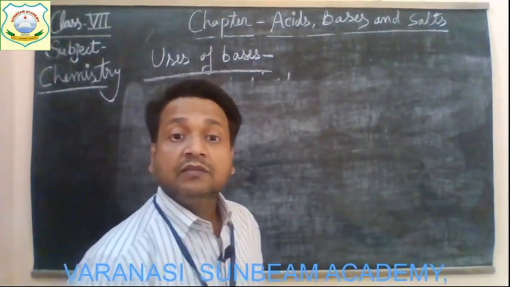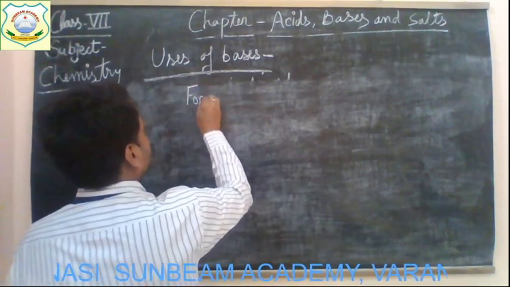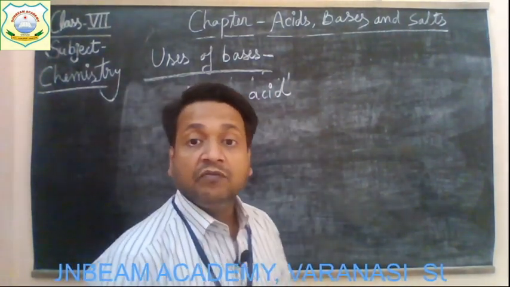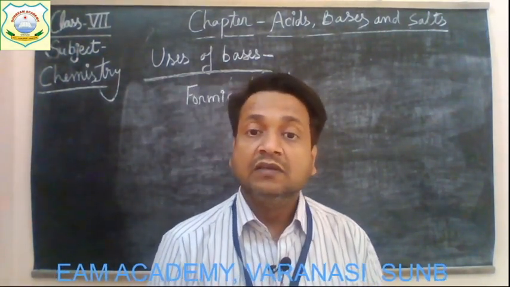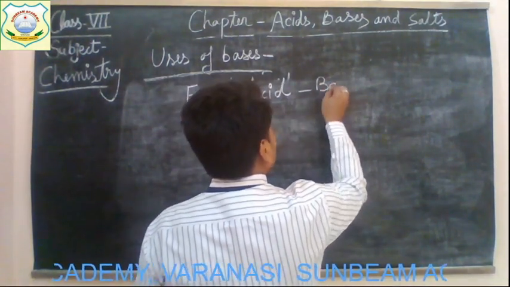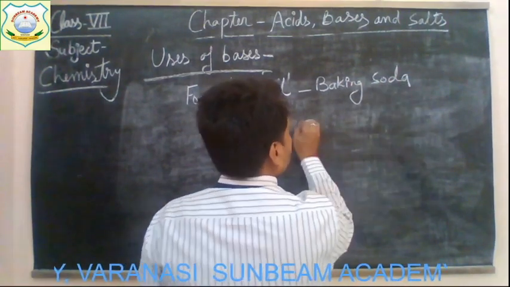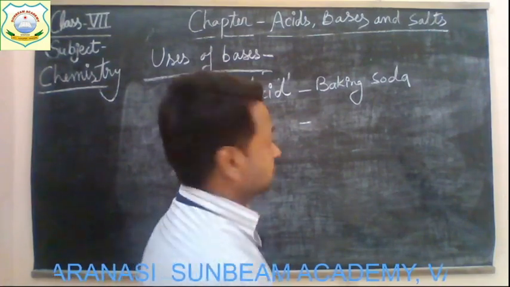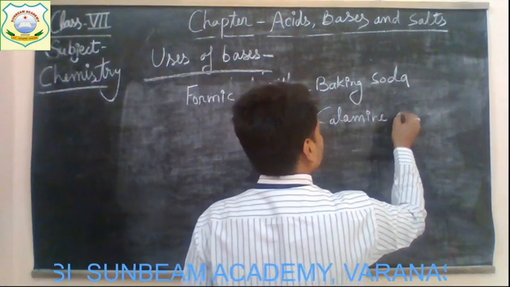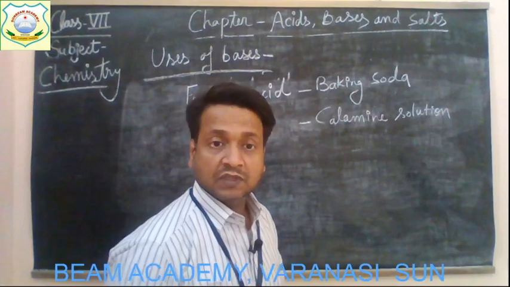So, children, the acid which is released by an ant sting is formic acid. And which base are we using? We are using the baking soda or calamine solution. Understood, children?